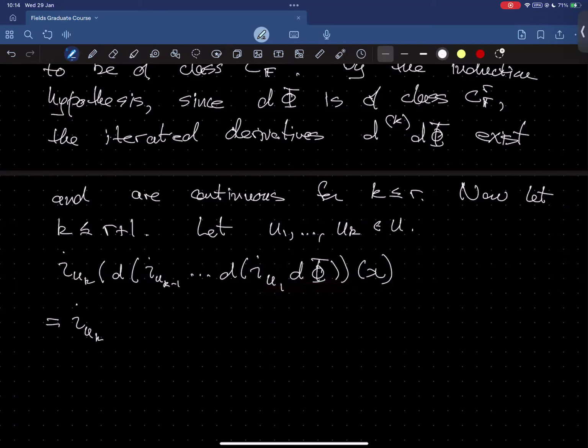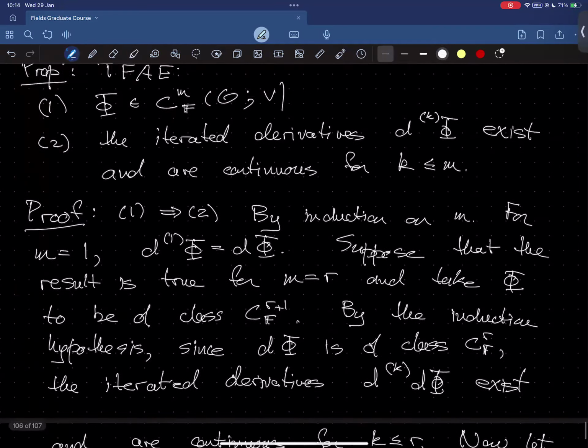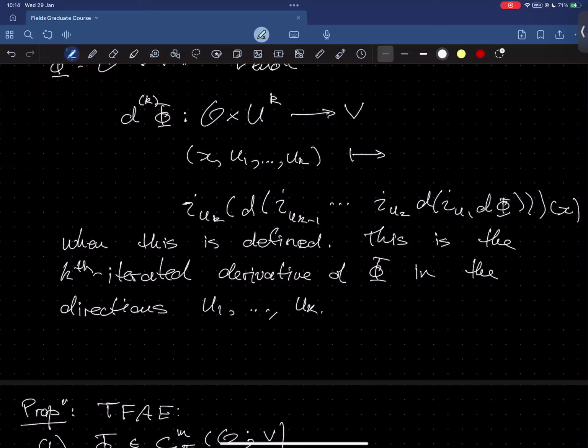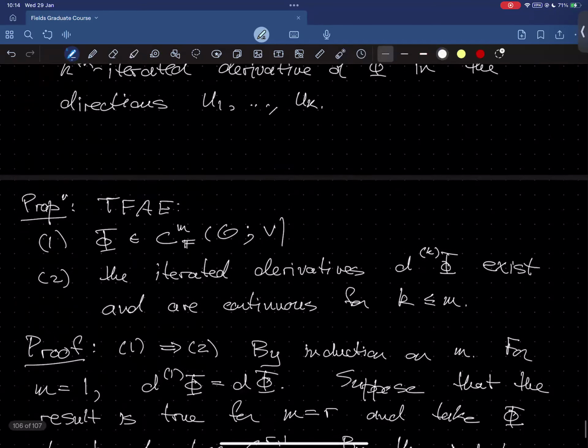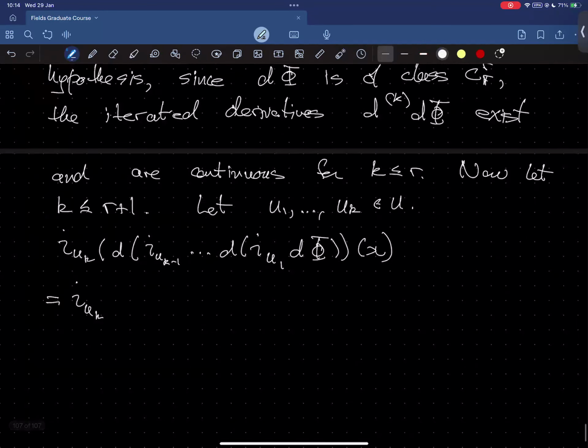Now I'm thinking of d phi as being a function of two variables. In this formula, if I'm replacing phi with d phi, then I can't just use u's, because the domain here is O cross U. I have to replace these with things in U cross U. So I'll write down the formula, then I'll explain why it's true.